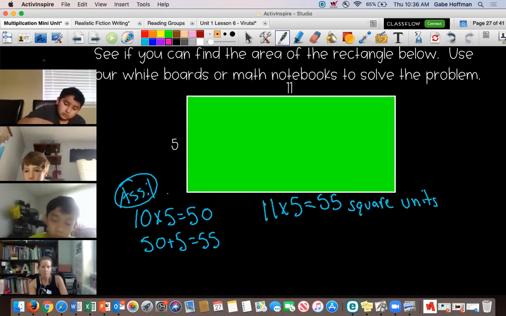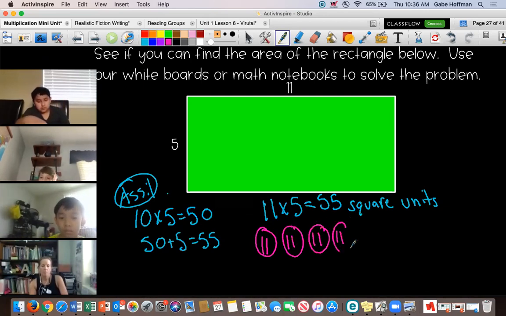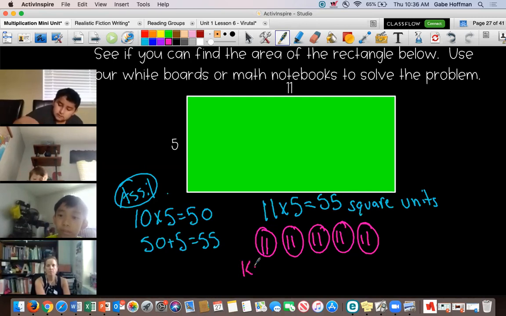So Kayla did kind of what we talked about without doing it in the circles, but she did 11 5 times. And then she counted 11, 22, 33, 44, 55. They got 55 square units.